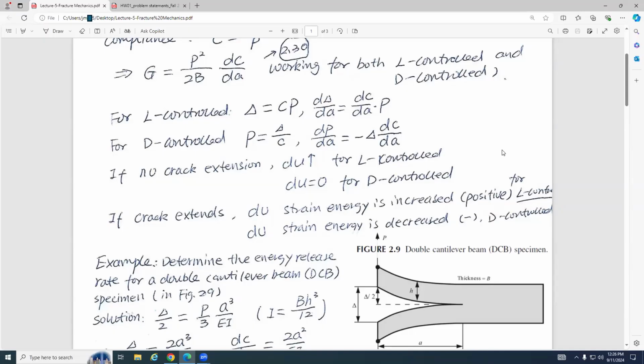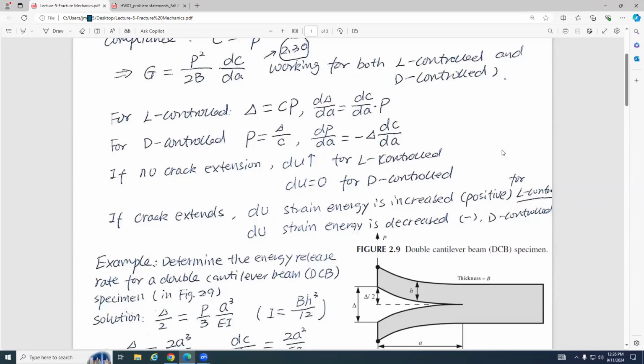No question? Let's look at load control. We know the definition: compliance C equals delta divided by P. So for load control, delta equals C multiplied by P. And then we know that d delta/dA equals P dC/dA.